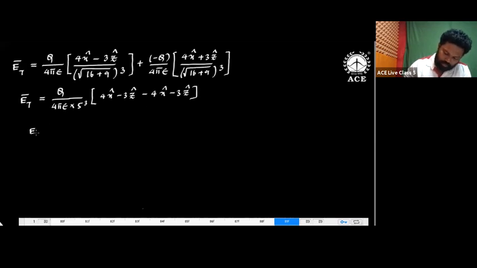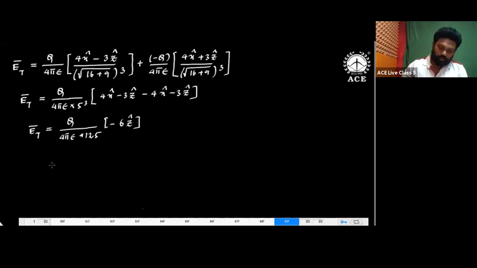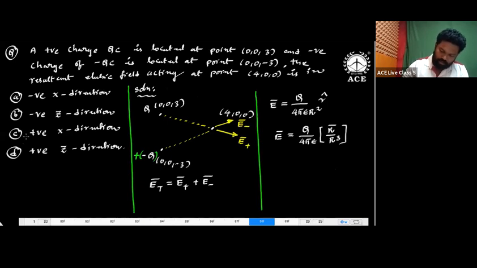So which is Q by 4 pi epsilon 125 into minus 6z cap, or 6Q divided by 4 pi epsilon 125 into minus z cap. So which direction is this? The resultant is in the minus z direction.